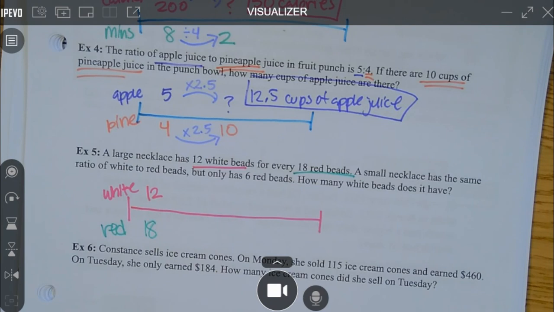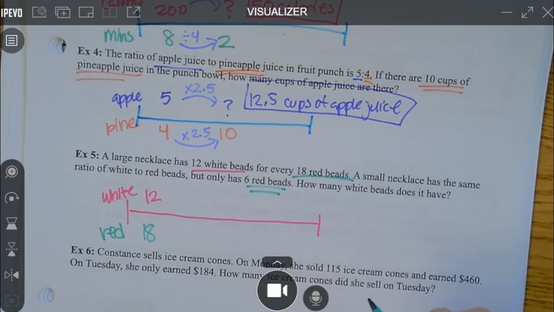Okay, now read that next sentence. And that next sentence is going to tell me how to set up my second ratio. So the number it says is a small necklace has the same ratio of white beads to red beads, but it only has 6 red beads. So where are red beads? That's right, red is on the bottom.